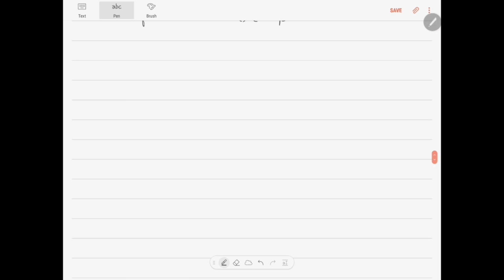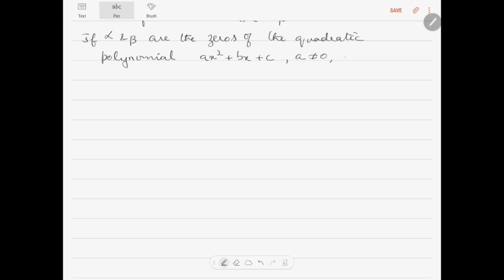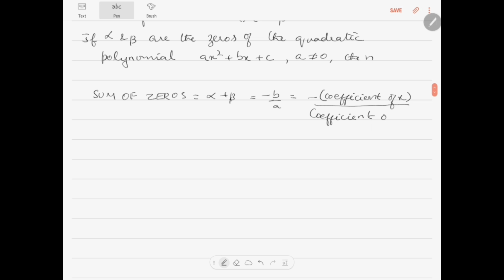So we saw that alpha and beta are the zeros of the quadratic polynomial. That is, if alpha and beta are the zeros of the quadratic polynomial ax square plus bx plus c, where a is not equal to 0, then the sum of the zeros is alpha plus beta, which will be equal to minus b by a, which is equal to minus coefficient of x by coefficient of x square.